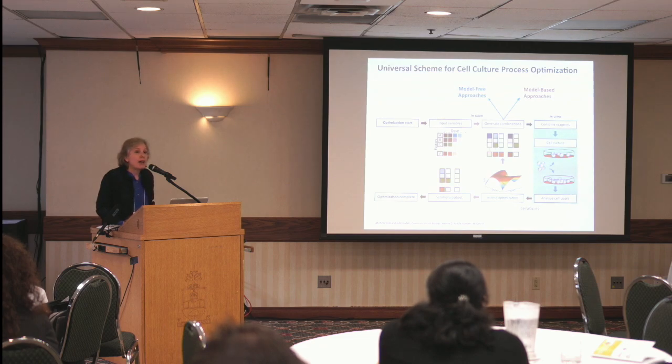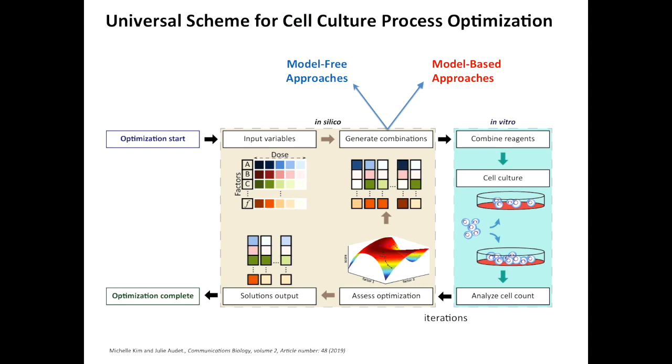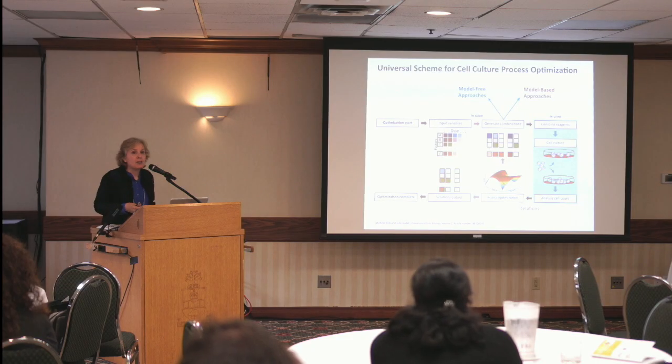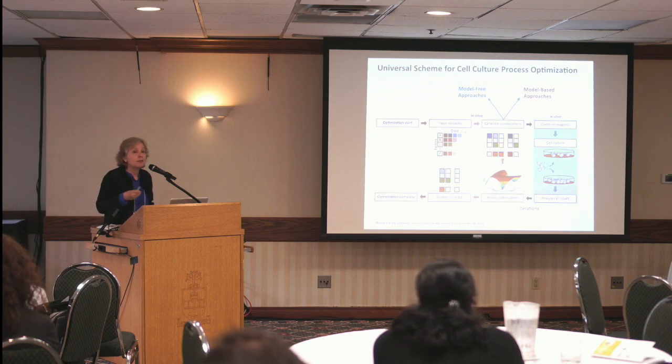I will be talking mostly about soluble reagents, but it could also be physical-chemical parameters like pH or temperature or partial pressure of oxygen. And then you have to decide on the range of doses you are interested in covering for each of those factors if you're studying a soluble factor.